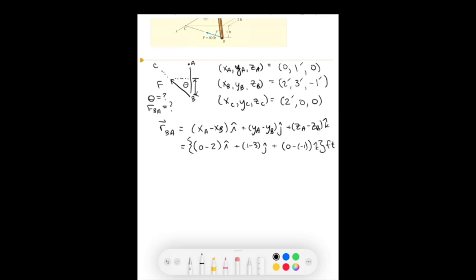Our units are feet, and we see that the directional vector from B to A is going to go negative in the x direction, negative in the y direction, and positive in the z direction with units of feet.